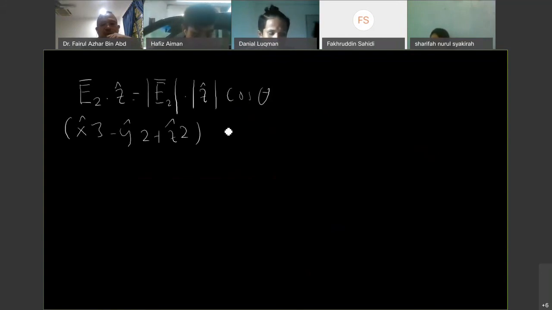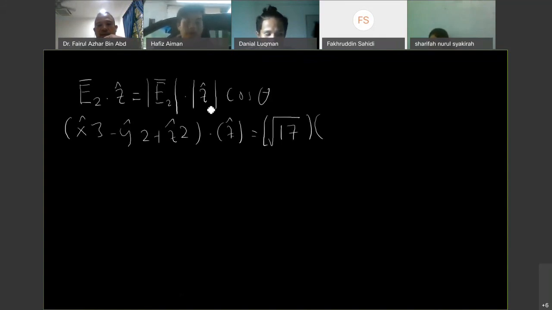Okay, so dot with z cap is equal to 2, and the amplitude of E2 is the square root of 9 plus 4 plus 4, which is 17, square root of 17. Okay, the amplitude of z cap is a unit vector, so the amplitude is equal to 1, times cos theta.